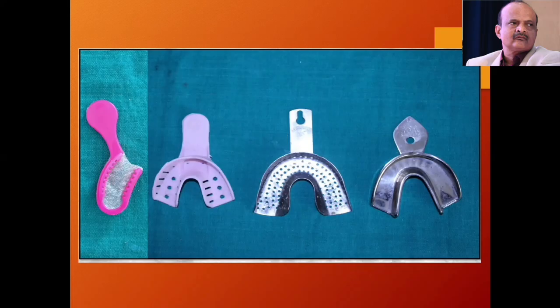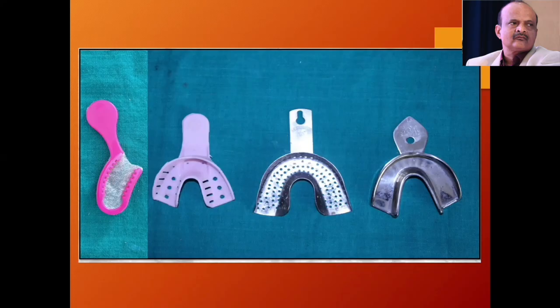If we use a plastic tray, there is always a chance of flexion and distortion. Amongst rim lock and non-rim lock, it is better to go for a rim lock tray, which will give a better mechanical interlocking between the impression material and the tray. Otherwise, it will also prevent delamination of the impression material.